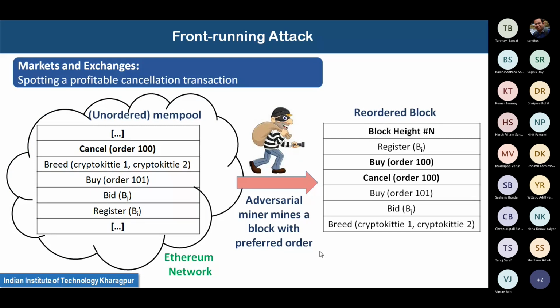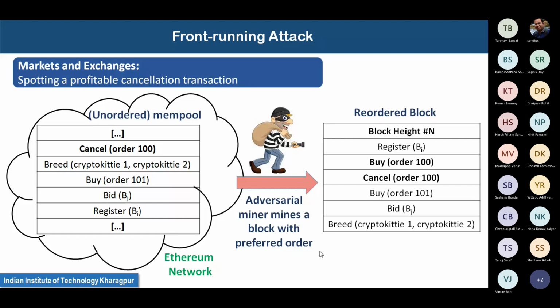So here, as you can see, Alice decided to cancel that order 100 transaction, and then there is a buy for 101 and so on. What this attacker will do is add this buy order 100.